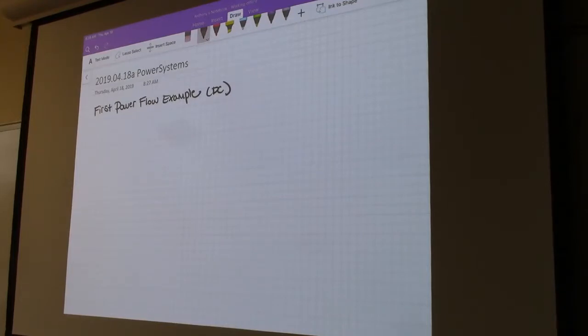I'm going to quickly draw the system just so we can use it as a reference. We have a DC source here. It's connected to some sort of a bus. We have a resistance. It's going to a third bus.